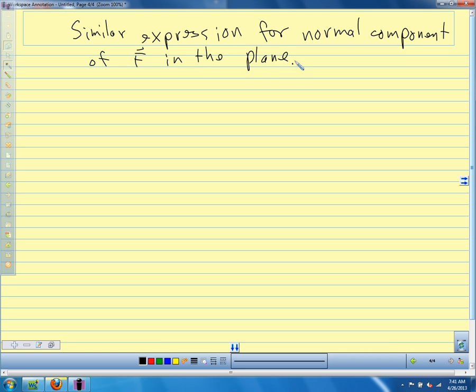This is kind of the culmination of the entire chapter, what we're talking about here when we extend this to 3 dimensions.